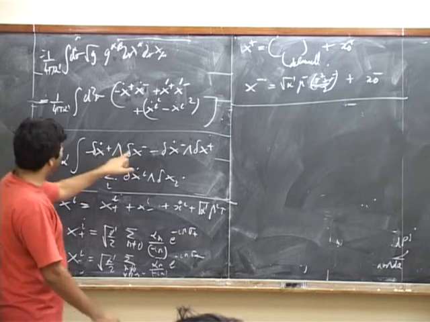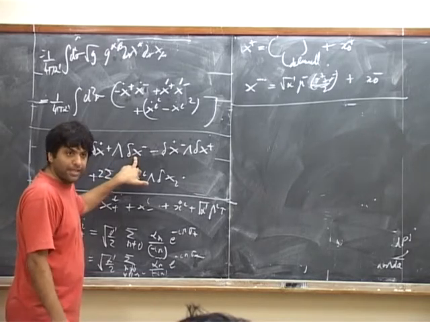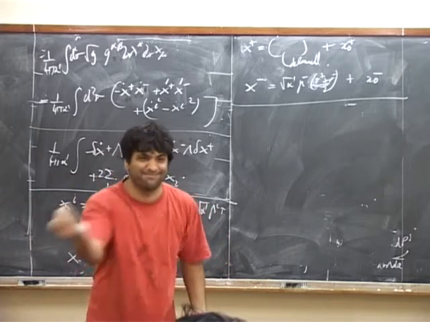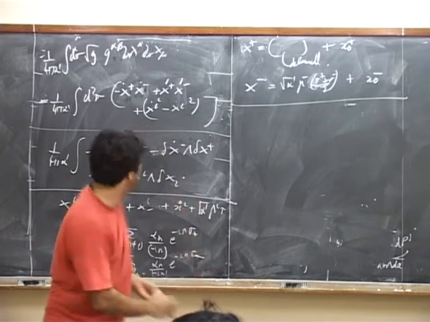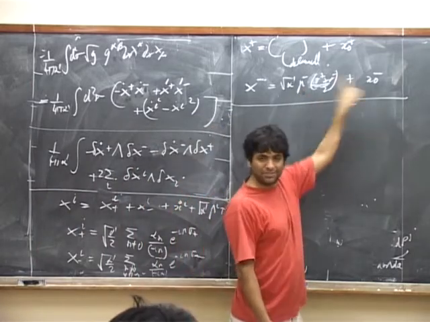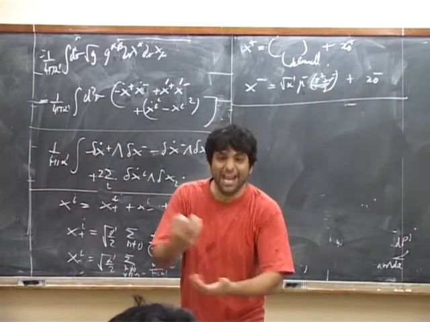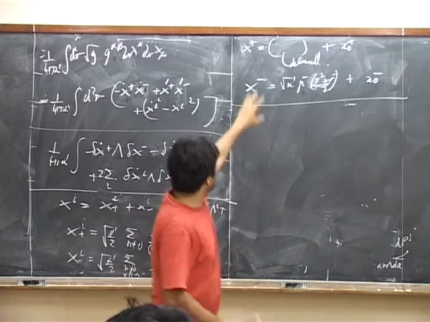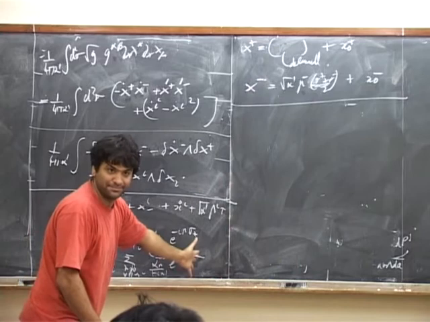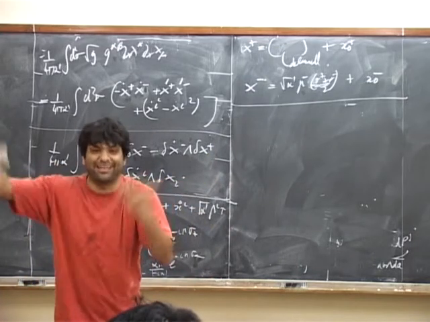Because delta x minus. So what is delta? Delta is a variation as you move on the space of solutions. X minus has only one parameter or two parameters in which solutions change. X plus is much richer because this function is a function of all these alphas. So delta x plus is something very complicated.